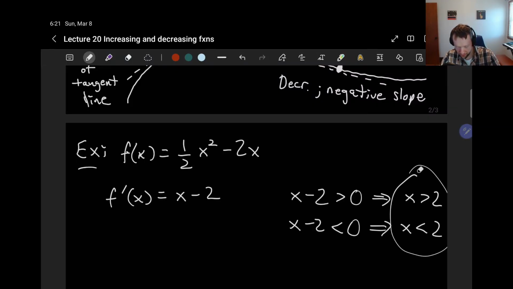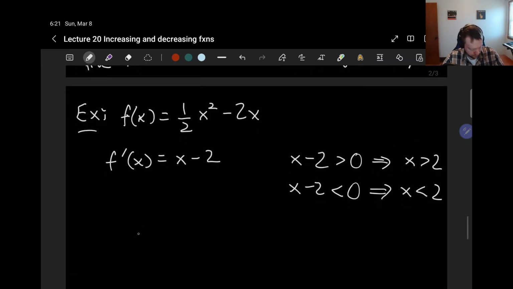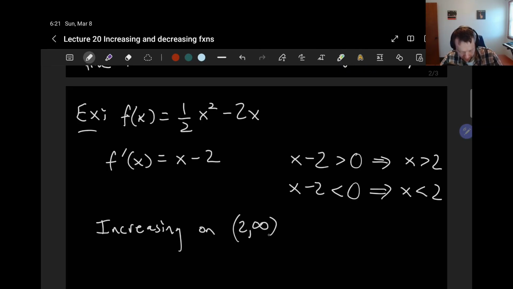So these tell us when I'm increasing and decreasing respectively. The derivative is positive here when x is greater than 2. So our original function f is increasing on the interval from 2 to infinity, that's greater than 2.